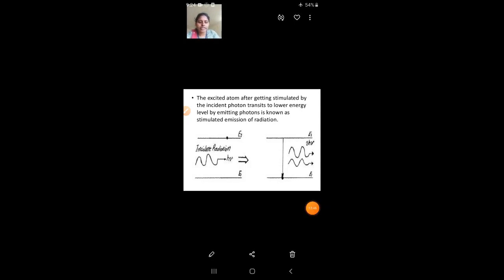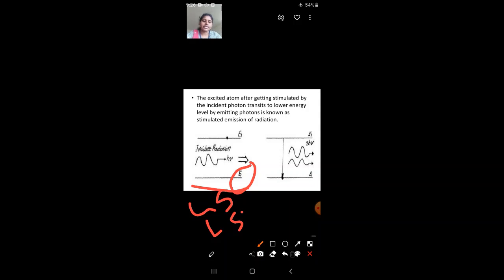This is the ground state or lower energy state, having some energy denoted by E1, and this is our excited state or higher state, having some energy denoted by E2.